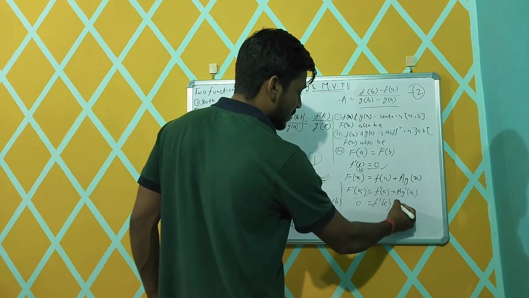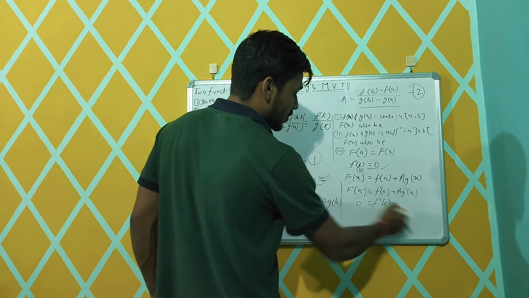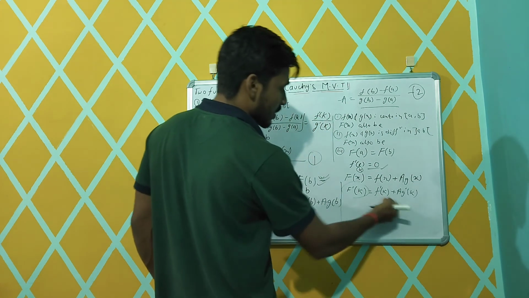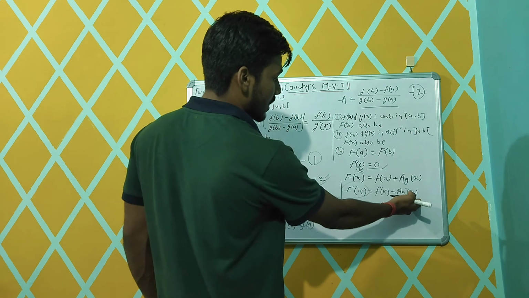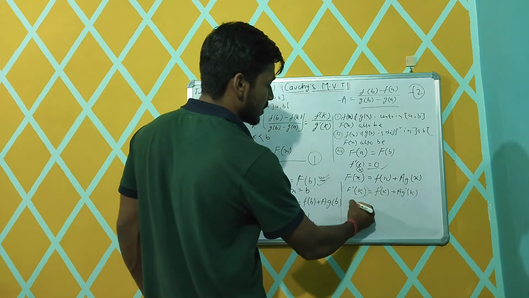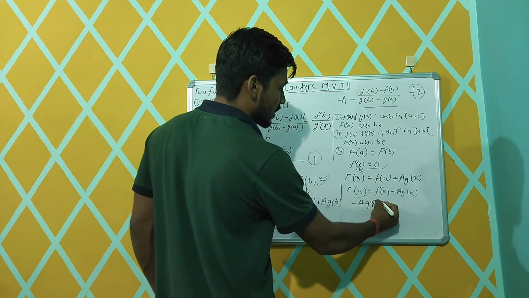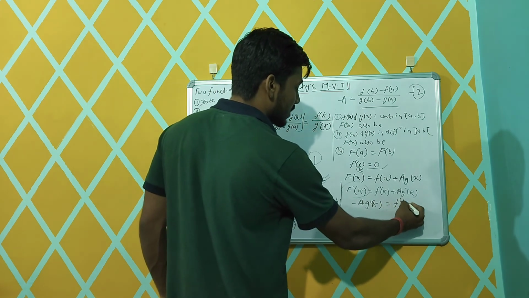Now I am going to take a g dash k to the left hand side, so it will be minus a g dash k equal to f dash k.